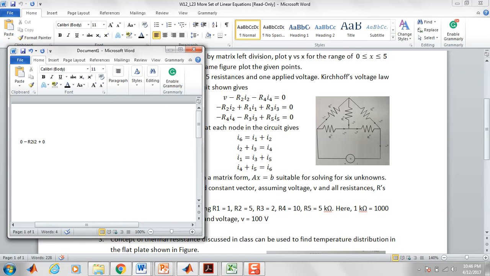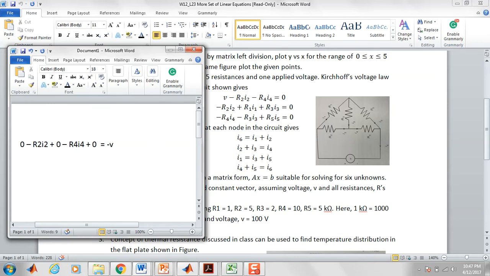Then you will have I4, which is minus R4 I4, and then you have I5, which is plus 0. This would be equal to your V, so I'm going to write negative V. So this would be my first equation. I also wanted to increase the font so it would be easily visible. So this is my first equation.